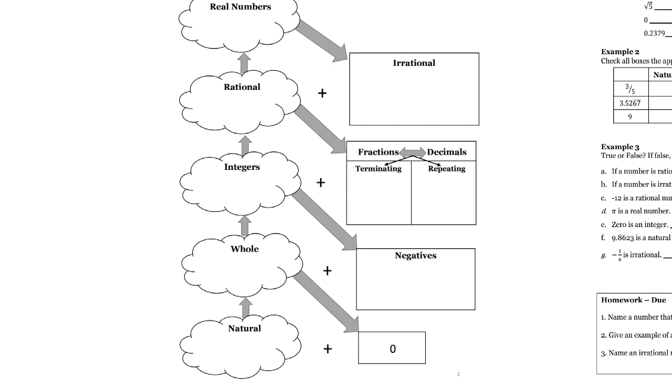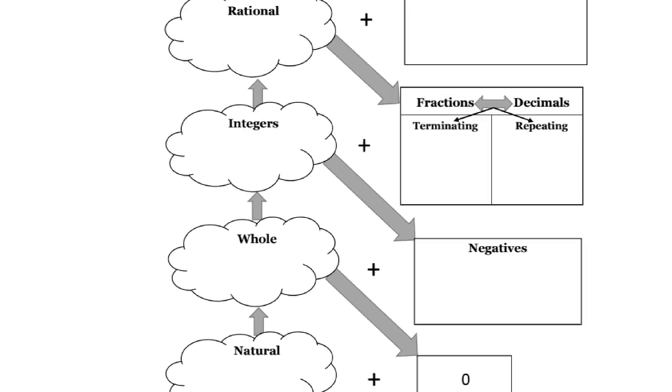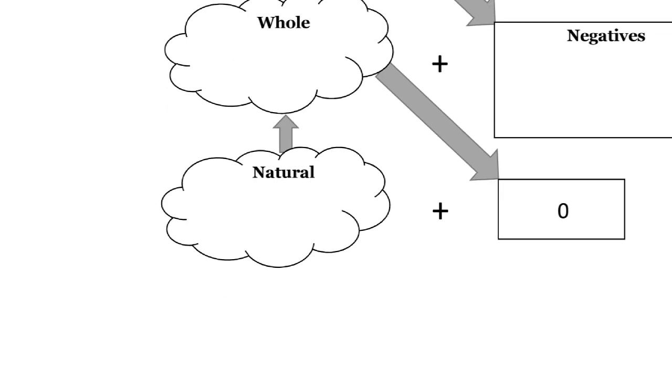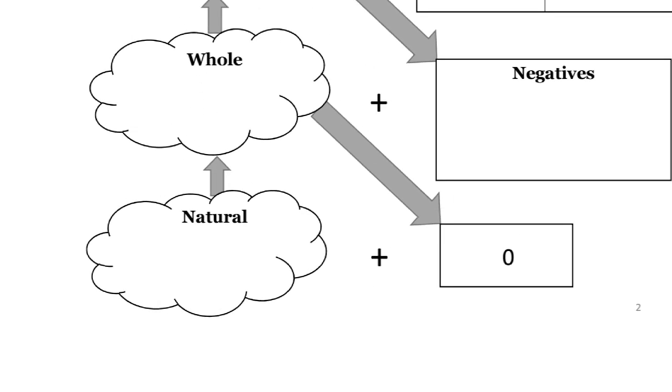And we see these plus signs here because whole numbers are natural plus this. Integers are whole numbers plus this. Does that make sense? So those things are added together. So let's dive in and really focus on the bottom first, and then we'll scroll to the next one.